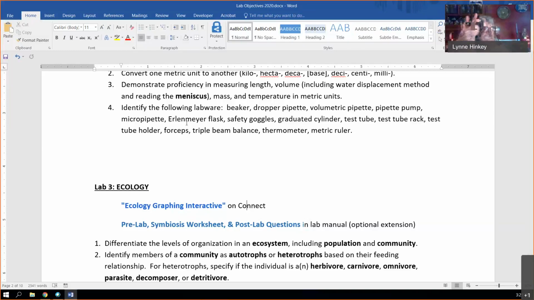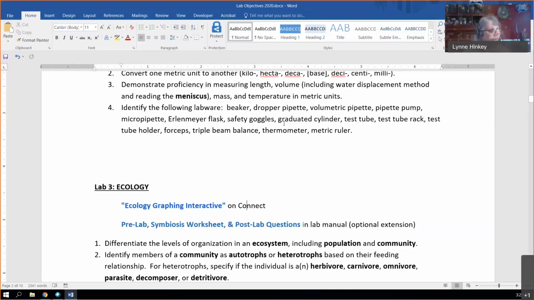It's kind of a mechanical thing that we use to draw the liquid in. The Erlenmeyer flask, a lot of people got this wrong on the quiz. That's the one that narrows toward the top and then has a small tube on the top. So it looks like a graduated cylinder on the top and then flares out at the bottom. I think all of those are straightforward.